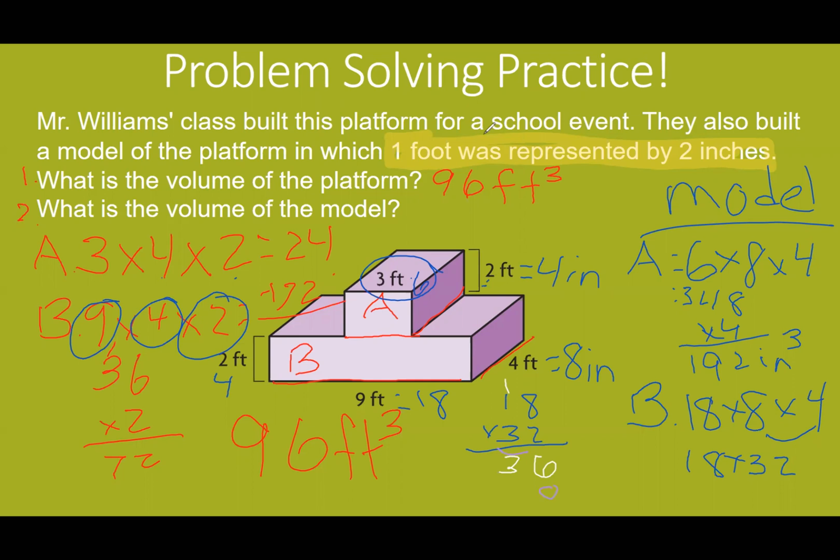And 3 times 8 is 24, and I'm going to carry the 2 there. 3 times 1 is 3, plus 2 is 5. So all together, for B, I have 576 inches cubed. So what is the volume of the model? 576 inches cubed.